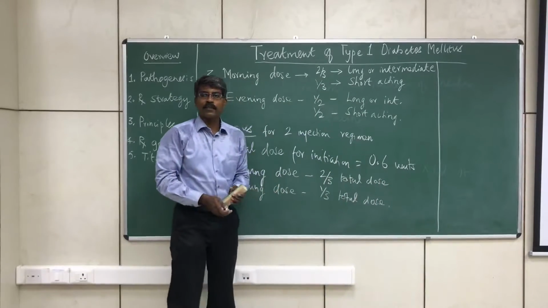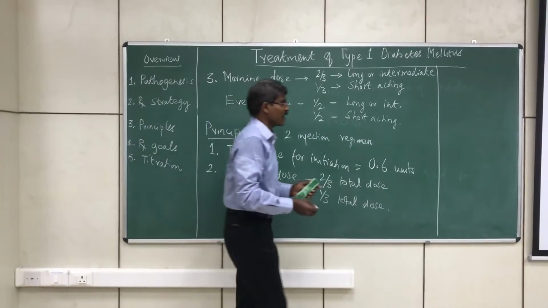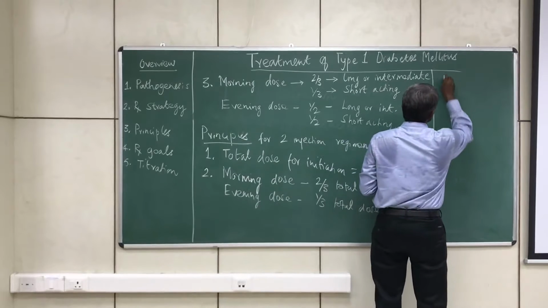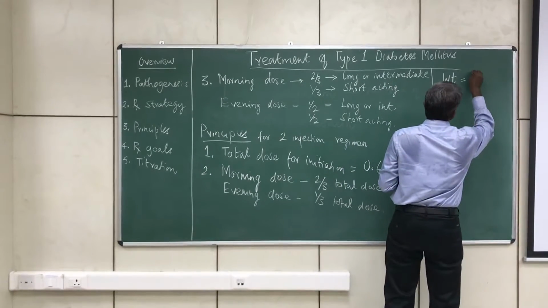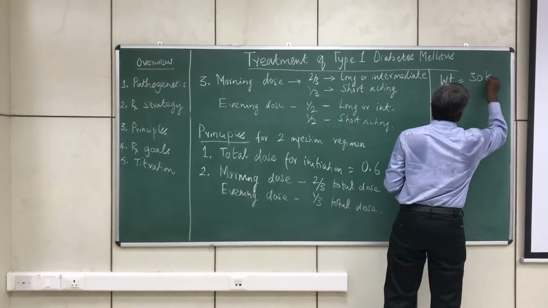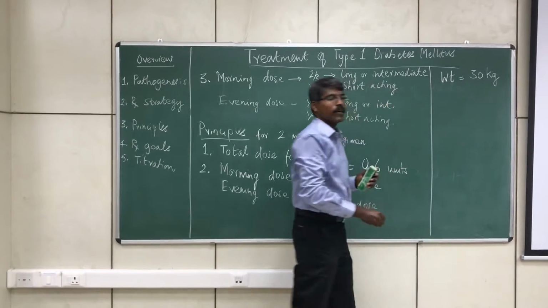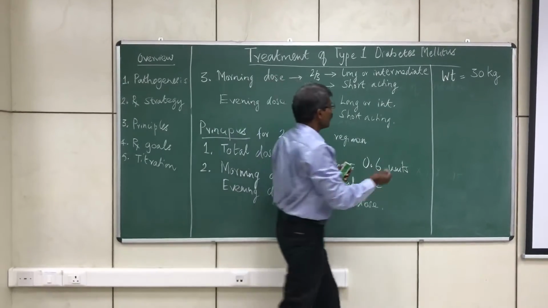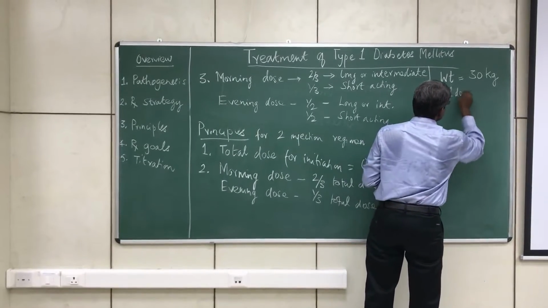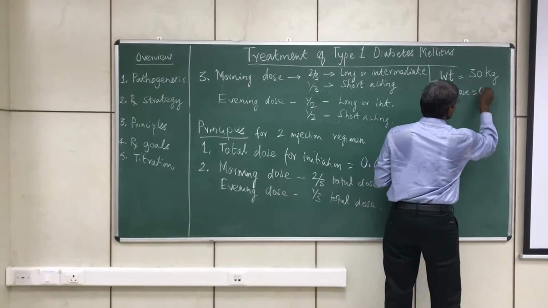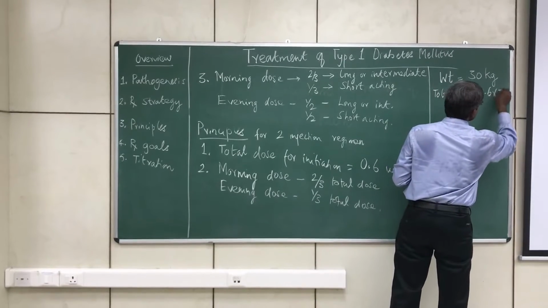Type 1 diabetes, usually the patient is a small child, right? So now let's take the weight of this boy who is diagnosed to have type 1 diabetes, let's say 30 kilo. Now, what is the total dose required for this boy? Total dose equal to 0.6 into 30.